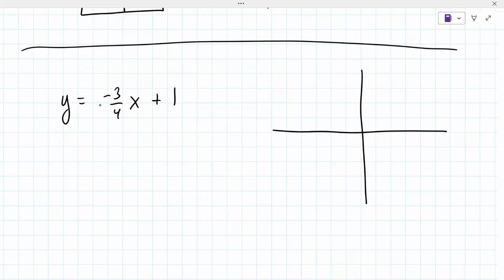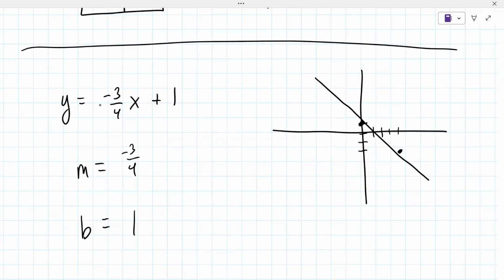Let me know when you've got a graph. I got one. Okay. The slope is what value? -3/4. And what's the b? 1. Good. So you start there at 1. And then are you going up or down? Down. Down 3 and right 4. So something like that. Yeah.